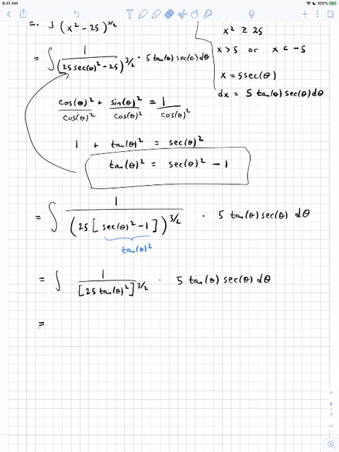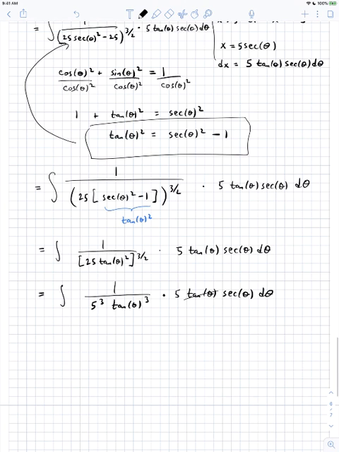So let's simplify this just a little bit by using that exponent there. So we're going to have the integral of 1 over, so you multiply exponents together. So this is going to be 25 to the 3/2 is 5 cubed. And then you have tangent, again you multiply the 2 by the 3/2 and you get cubed, times 5 tangent theta secant theta d theta.